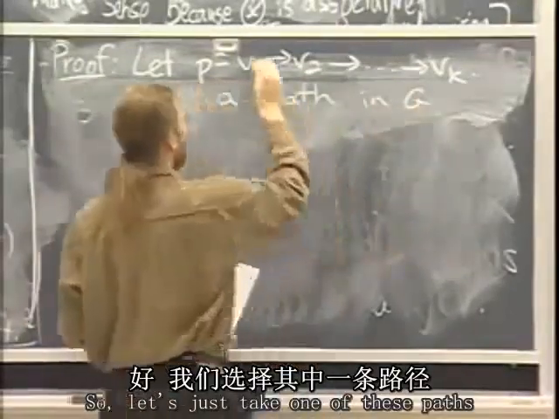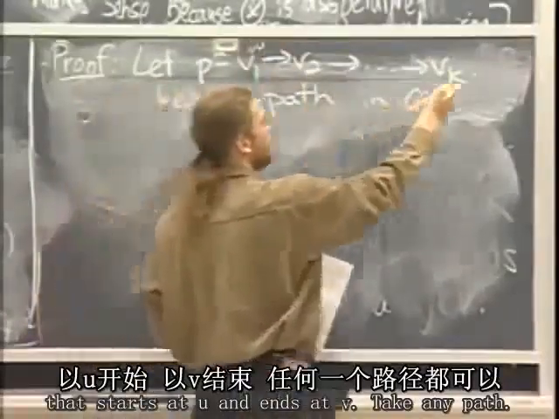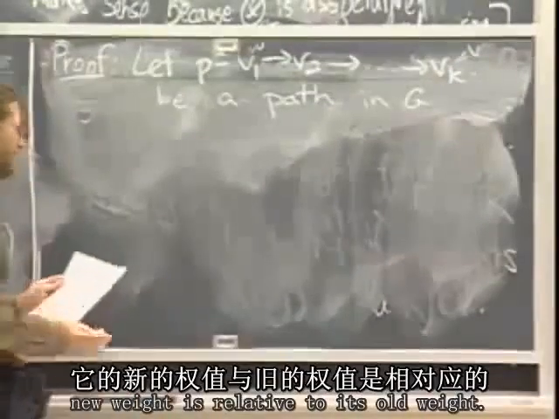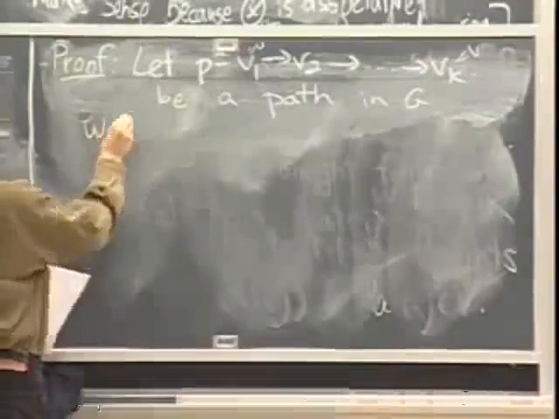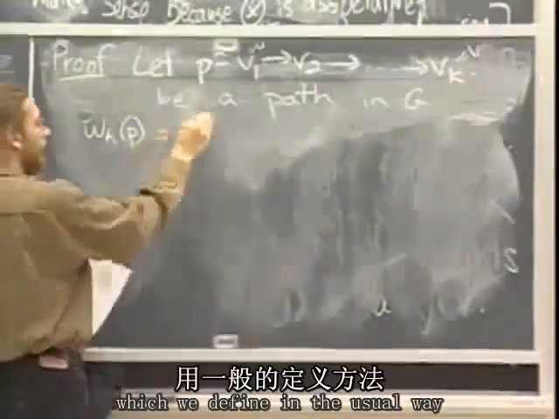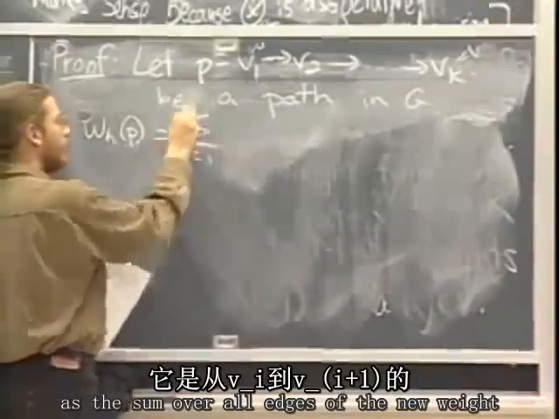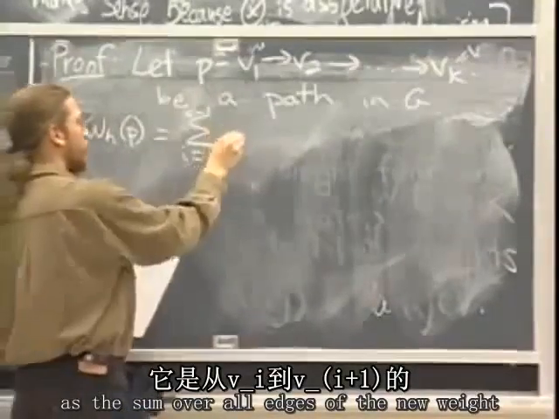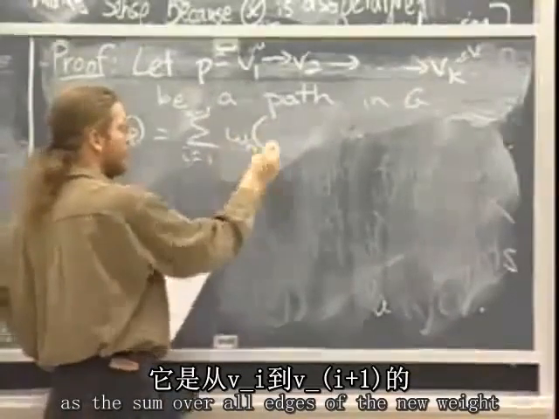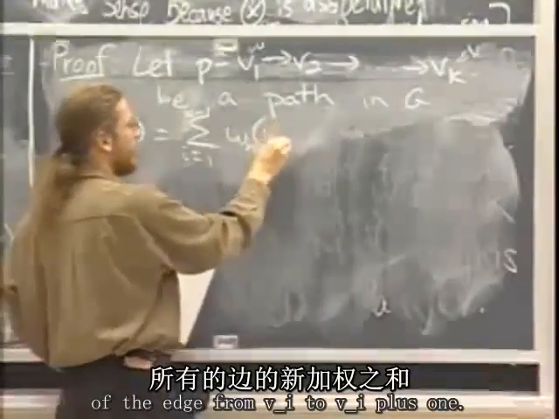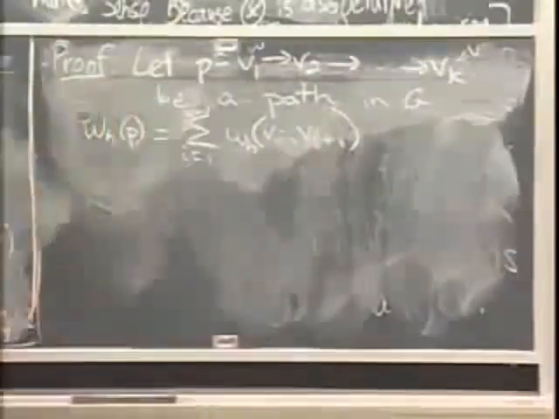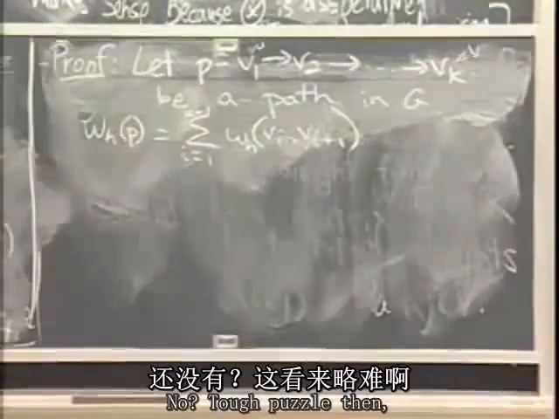So let's just take one of these paths that starts at U and ends at V. Take any path. We're just going to see what its new weight is relative to its old weight. And so let's just write out W sub H of the path, which we define in the usual way as the sum over all edges of the new weight of the edge from v_i to v_{i+1}. Okay, you have the word? No?